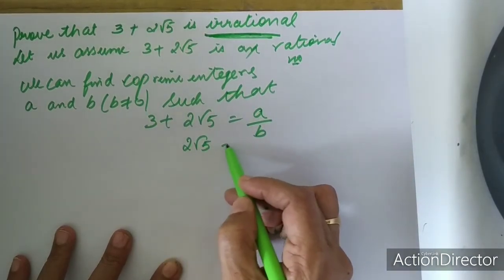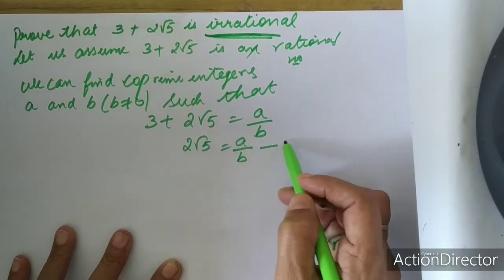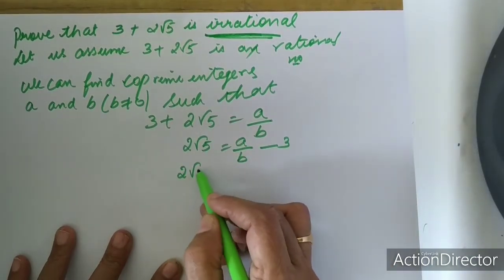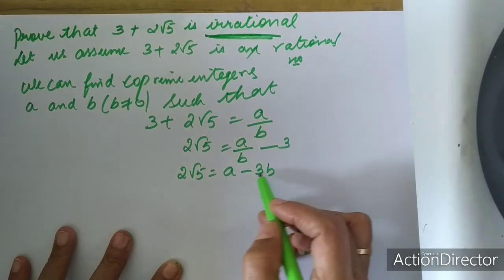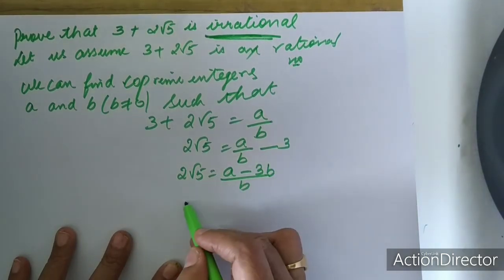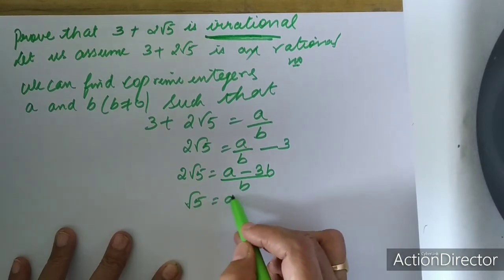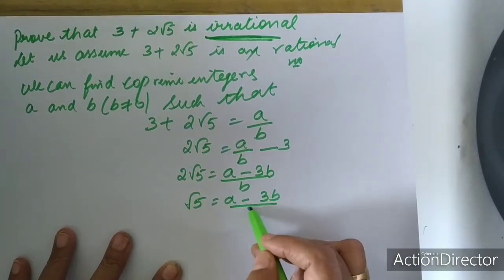So 2 root 5 is equal to A upon B minus 3. 2 root 5 is equal to A minus 3B upon B. Take 2 also to the other side. Root 5 is equal to A minus 3B upon 2B.